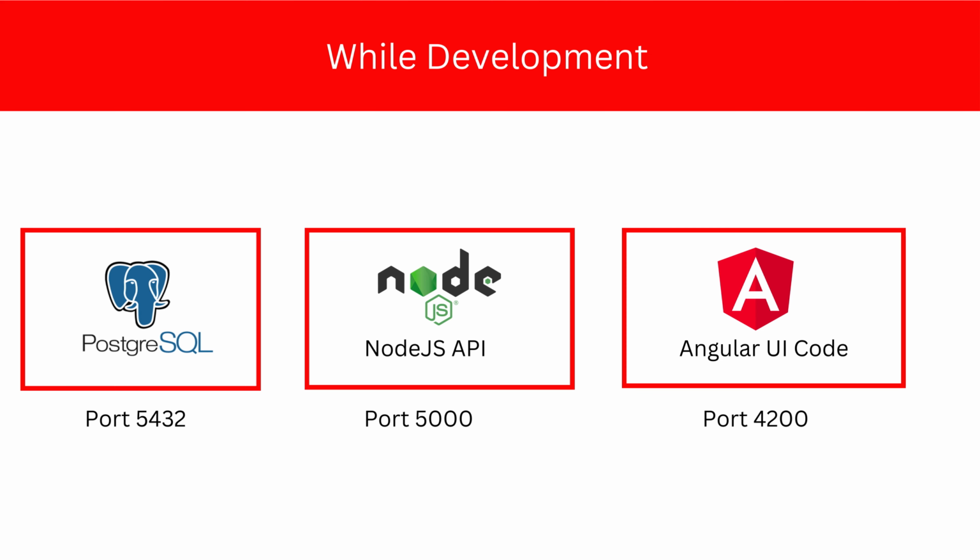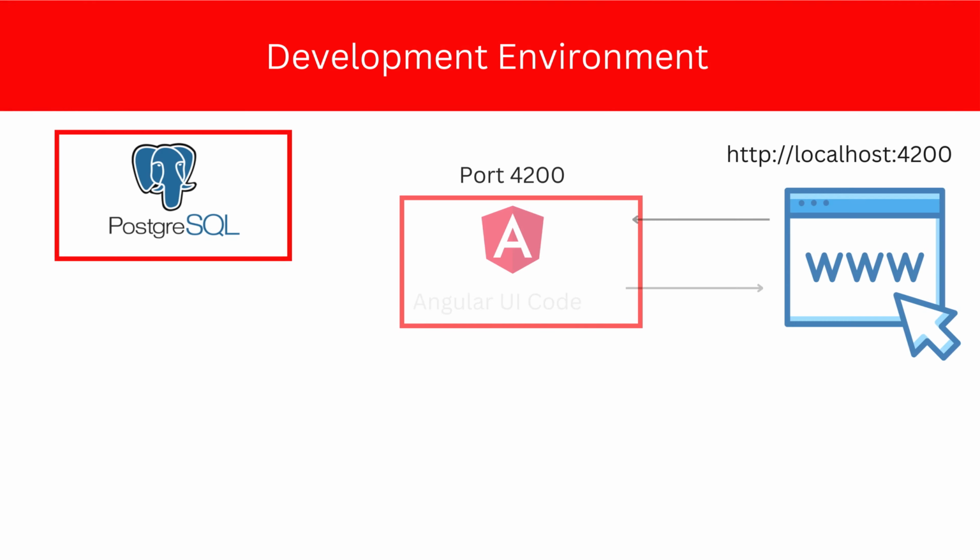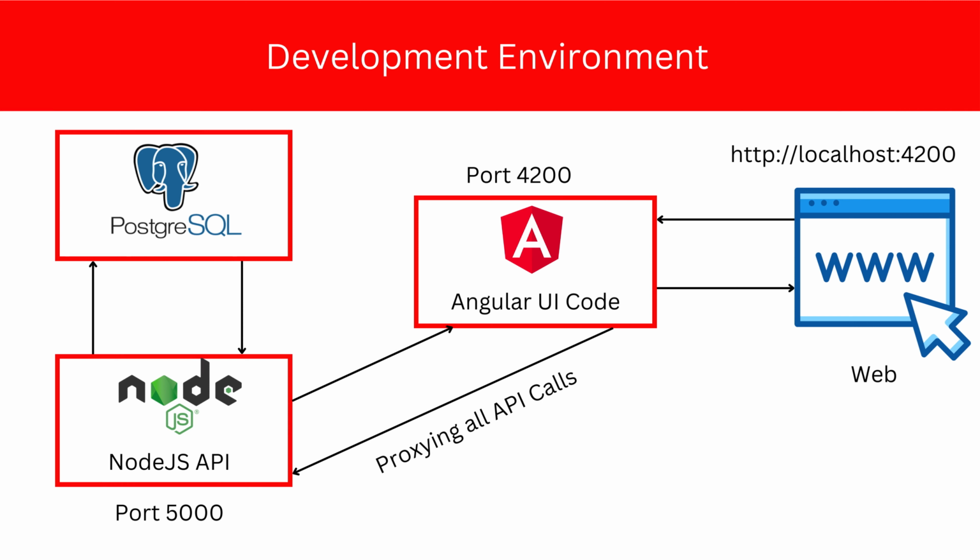So let's look at the development environment, how we can develop end-to-end flows, especially when you are on your local machine. Basically, you run PostgreSQL on your local machine on port 5432, and you set up the Node.js API and run it on port 5000. For example, it's 5000, but you can change the port.